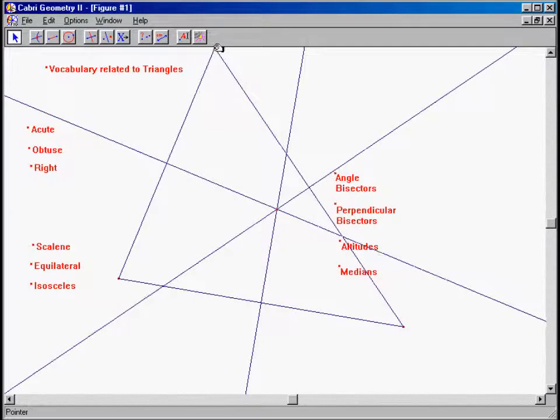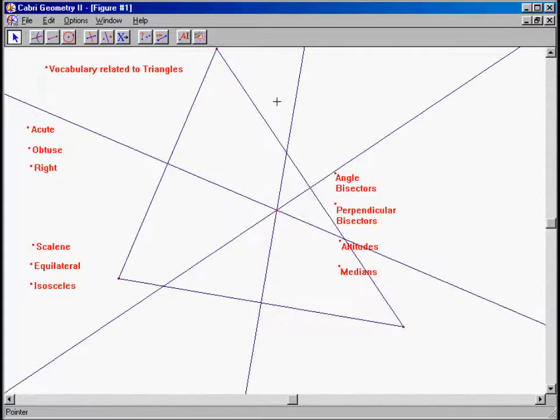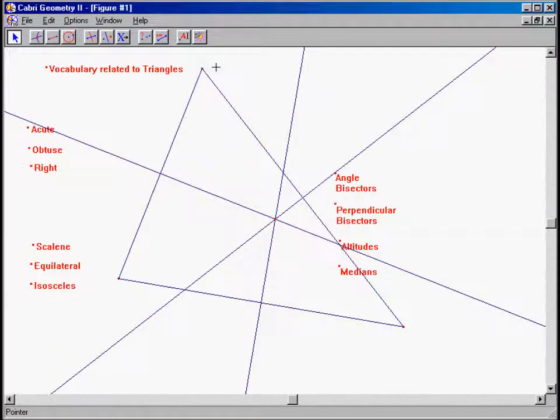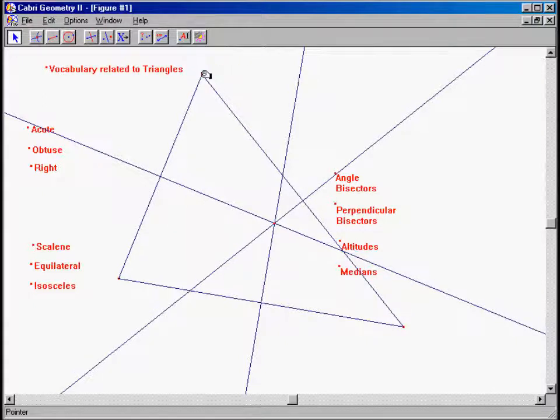And I've said that where these meet is going to be the center of a circle that goes perfectly around the outside of our triangle. It's the circumcenter. So where the center would be, it would be right here where they meet.